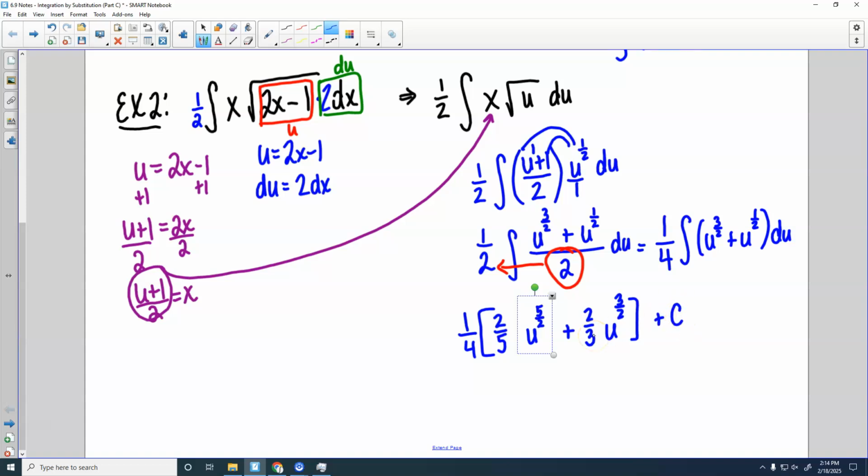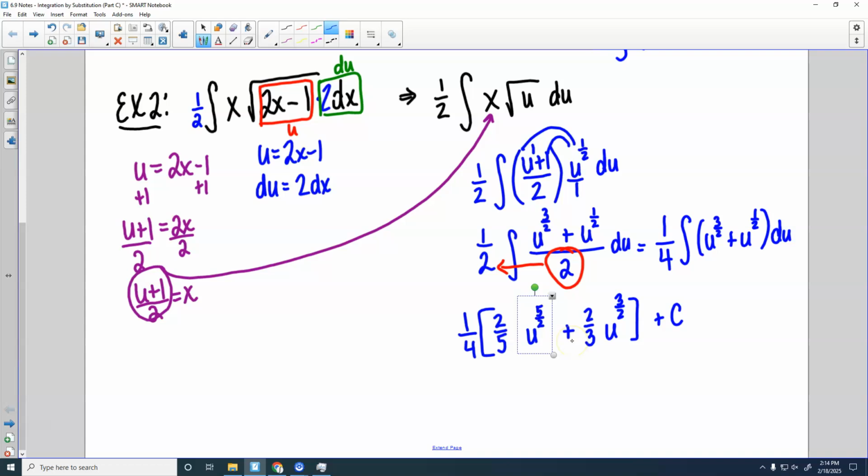You can put the plus c on the inside or the outside of that bracket. It really doesn't matter. If you put it on the inside, the 1/4 gets distributed to it. But c is an unknown term, so 1/4 of an unknown term is still just an unknown term. You can just leave it as c. So I just usually keep it at the end there.